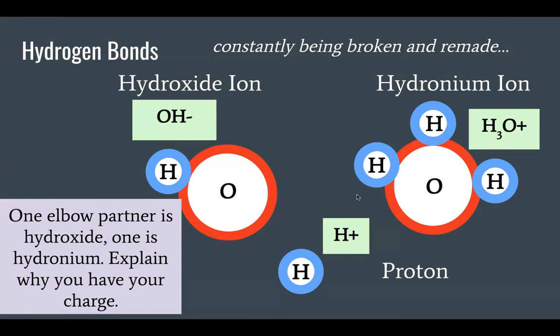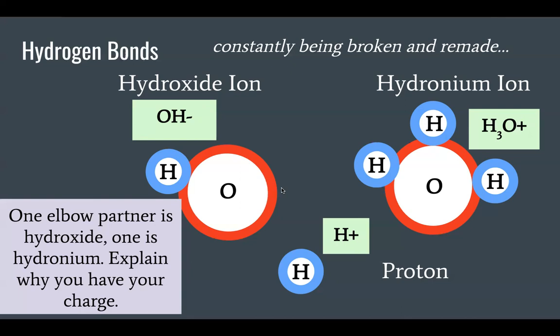Essentially, what happens is that a hydroxide ion with a partial negative charge and a hydronium ion are going to be created that result in these protons, these loose positive charges, being transferred between hydrogen bonds and between water molecules.